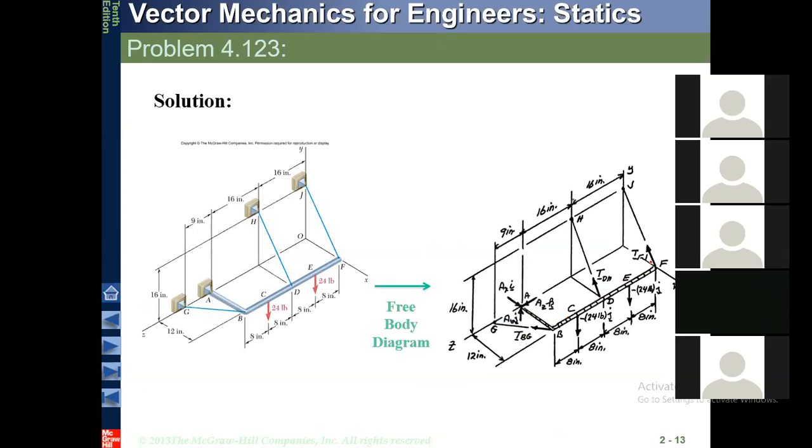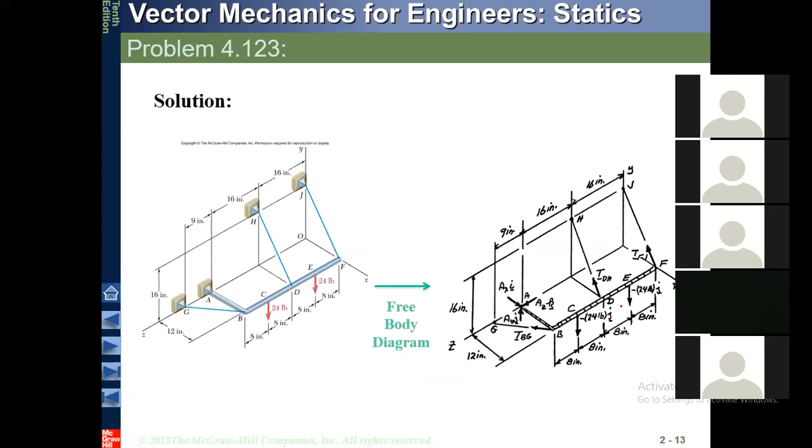So you have 6 unknowns. And for 3D case, you have 6 equations. Well, this is also a stable structure because not all of the forces are concurrent, or not all of them are parallel. So you can actually derive 6 unknowns based on 6 equilibrium equations.